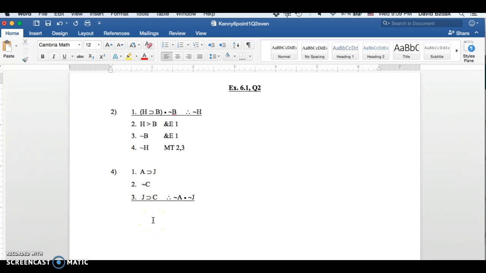Okay, so there's two derived rules here we can use. Modus tollens, which we just went over, remember, takes a conditional as input and the negation of the consequent, and gives us the negation of the antecedent. So we can get that by MT 2, 3.